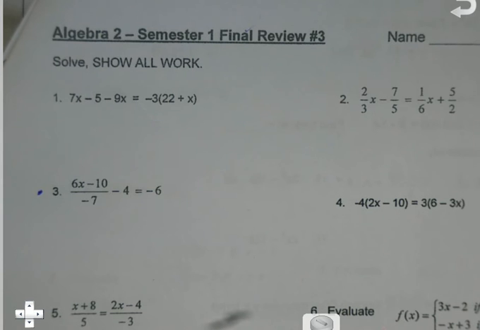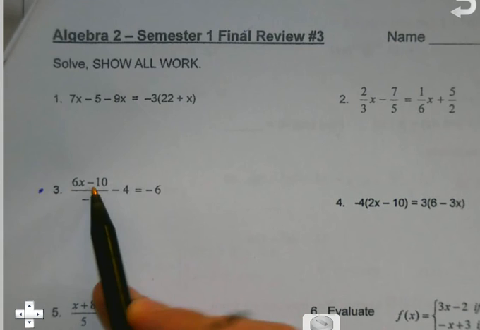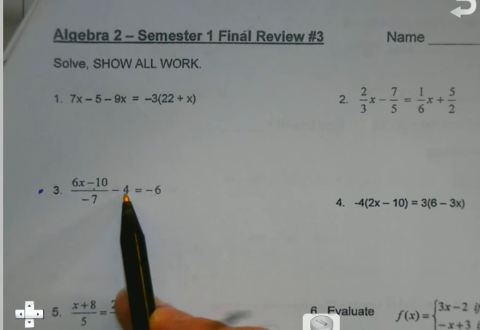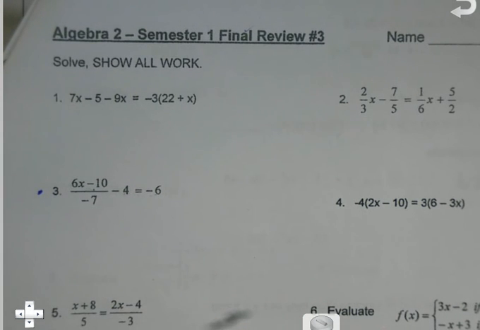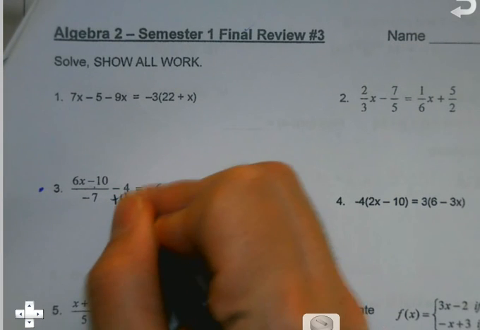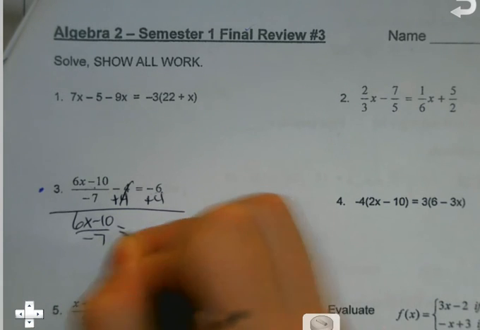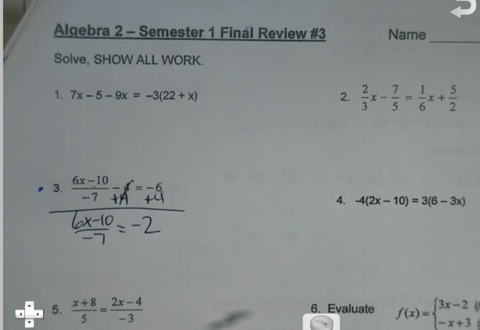Okay, let me take that back. You could. But if you were going to get rid of the fraction first here, you would have to multiply every term, this one and this one, by -7 right away. And so many people forget to do this part that I highly suggest you don't do it. So instead, I would suggest going this route.